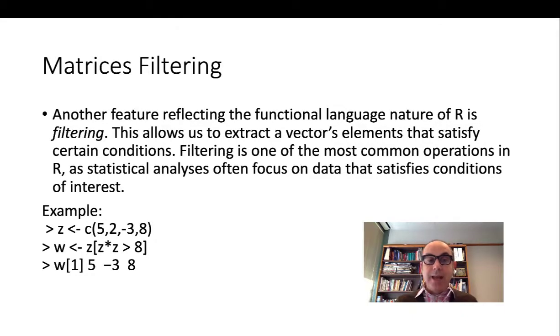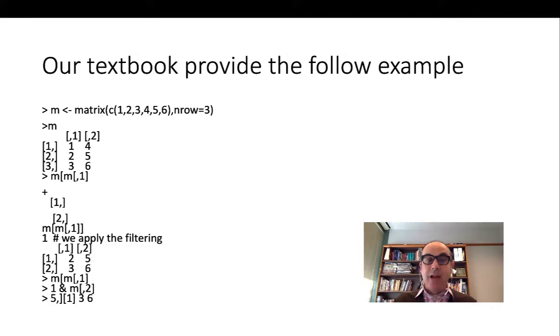The second container is W, which is Z multiplied by Z, and it's smaller than 8. And if I ask for W, it will give me the values and present them.